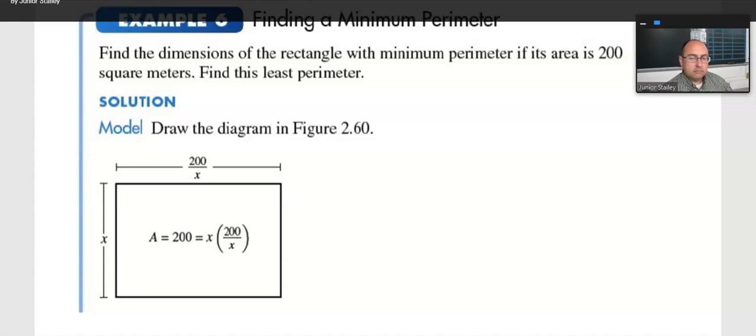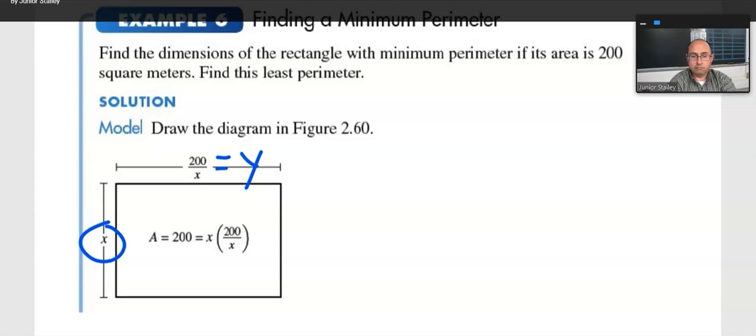So, you've got the situation: find the dimensions of the rectangle with minimum perimeter if its area is 200 square meters. So we will have to do some graphing here. Find this least perimeter. Area, we know the area is length times width. This is one of those situations where they're calling the width x, and they're calling y the length.